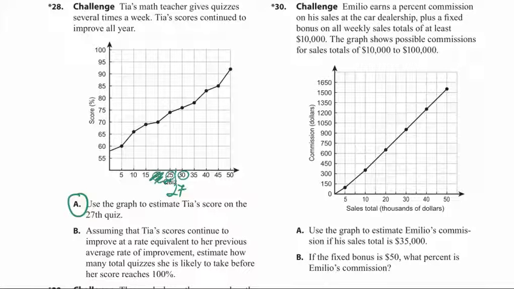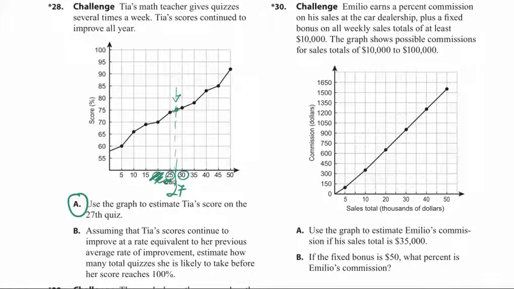That's the 27th. In order to estimate what could be the score for that, knowing that we have a positive slope kind of graph, right? Wherever this vertical line from your 27 intersects this line here, well, more like segments connecting the results for Tia's quizzes, this will be a good approximation of her score, right?